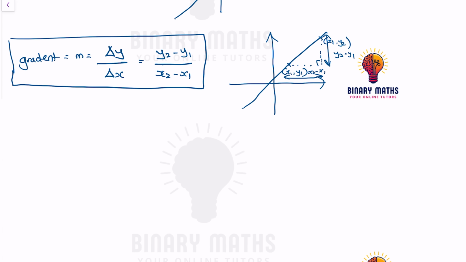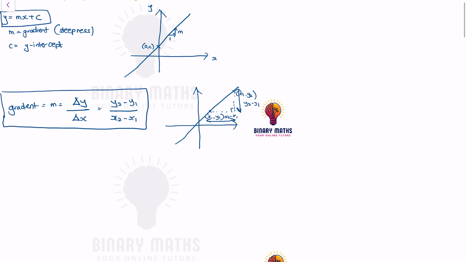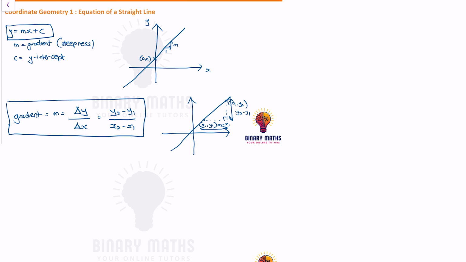Okay, now we've got one equation of a line, which is y equals mx plus c. If you want the other one, imagine you have a straight line and you have a point on that line, which is (x1, y1), and then you pick any point on that line. Let's call this point (x, y).